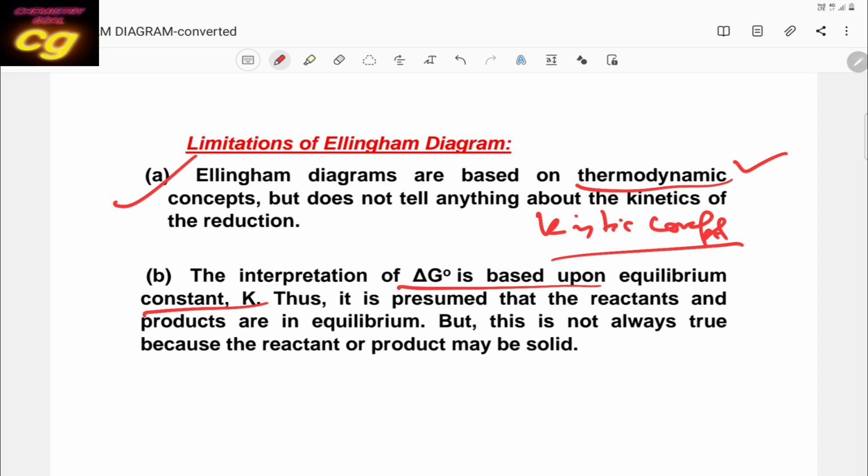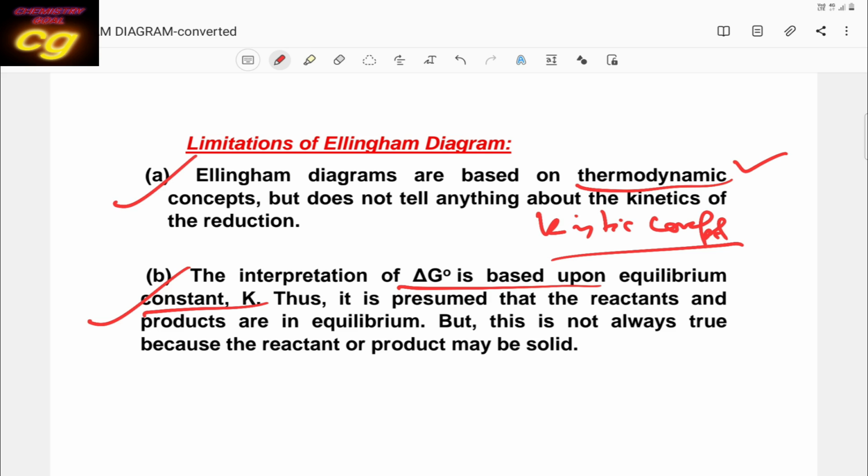That's why this is one important demerit of the Ellingham diagram, that it is applicable only in the standard state. In the standard state we can calculate, but if the reaction is not in equilibrium, then it is difficult to calculate the del G value. So this is a very important limitation of the Ellingham diagram.